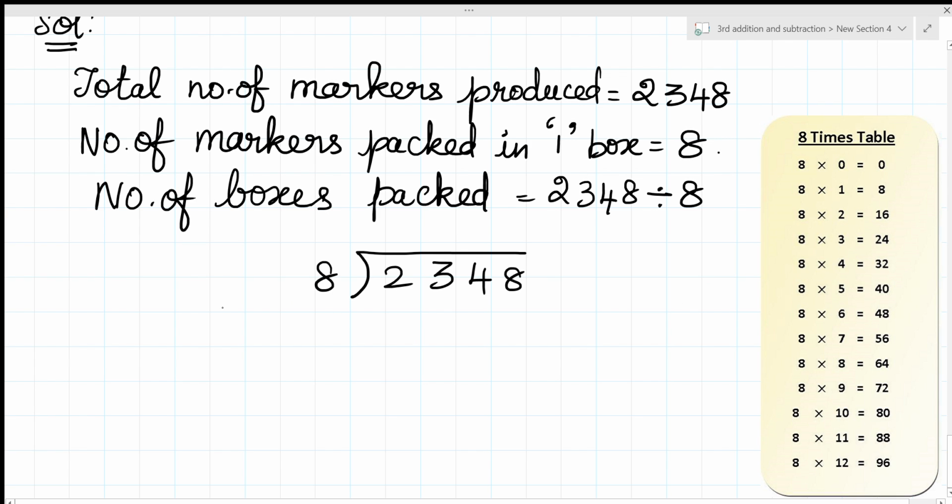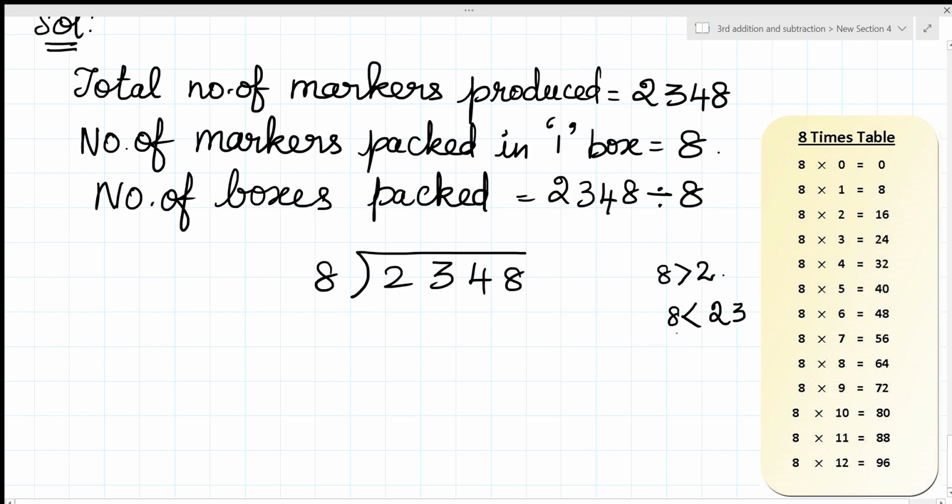So we need to look at the 8th table. Now take the first digit of the dividend. It is 2 and the divisor is 8. It is smaller than the divisor, so we cannot divide. So we have to take the next digit also. That is 23. Now check, 23 is greater than 8.